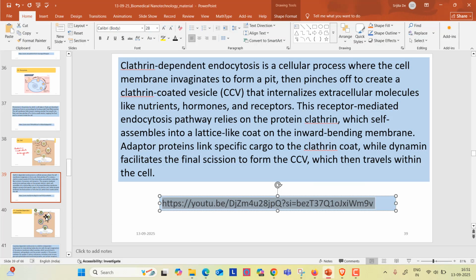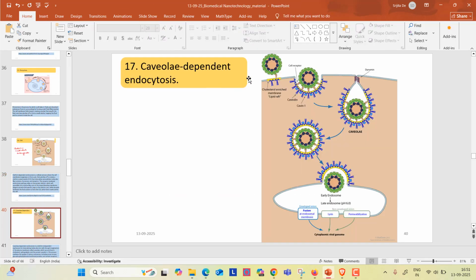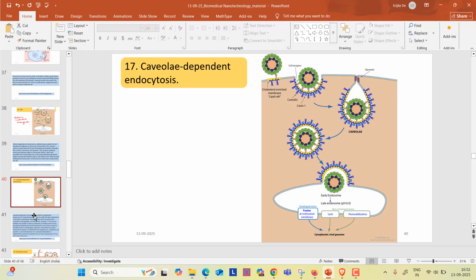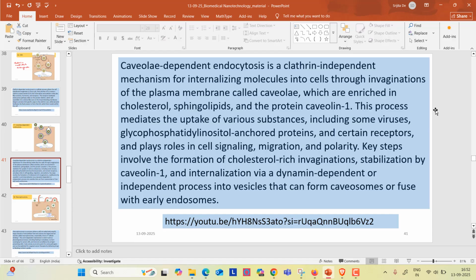Next comes caveolin-dependent endocytosis. In this case, instead of clathrin, a caveolin membrane is formed around the vesicle like this. Okay. So what does it say? Caveolin-dependent endocytosis is a clathrin-independent mechanism for internalizing molecules into cells through invaginations of the plasma membrane called caveolae, which are enriched in cholesterol, sphingolipids, and the protein caveolin.